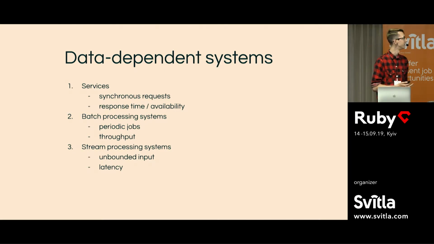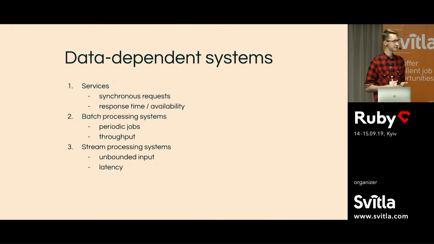Martin Kleppmann, a researcher in distributed systems, came up with the following classification. There are 3 different types of data-dependent systems. First of all, there are services, so-called online systems. We ask for something or send an instruction, and sometime later, the system hopefully gives us an answer.